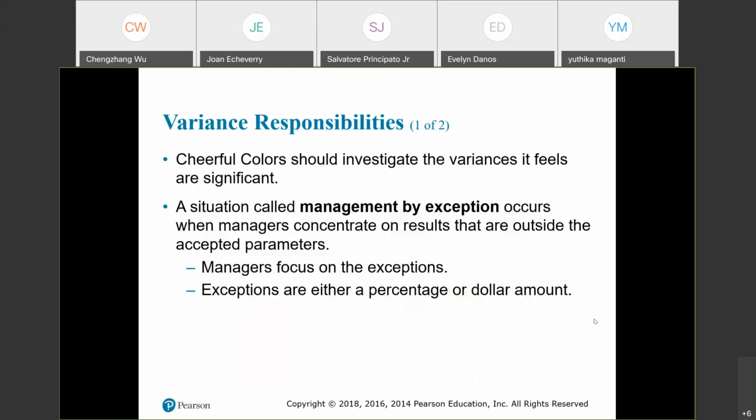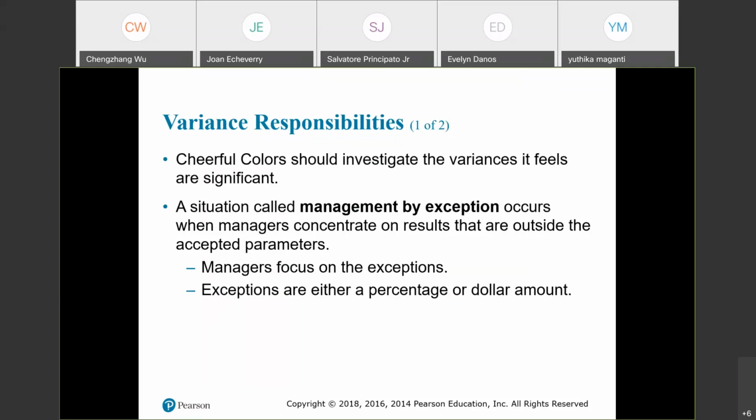Now that all the variances are summarized, the company can investigate the variances it feels are significant. This is called management by exception because managers concentrate on the results that are outside the accepted parameters.